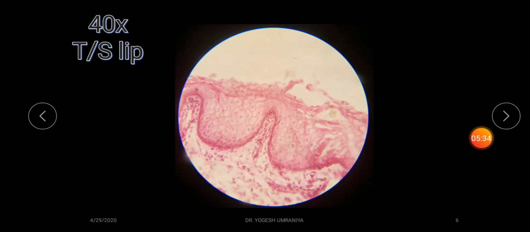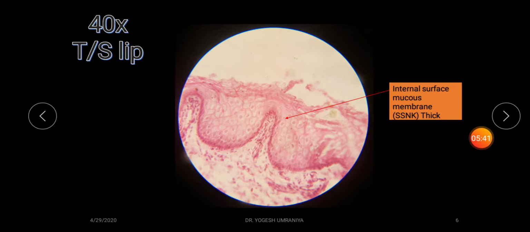This is the 40x image, transverse section of the lip. You can see this is the epithelium, which is of the stratified squamous non-keratinized type, and it is somewhat thicker as compared to the external aspect of the lip.